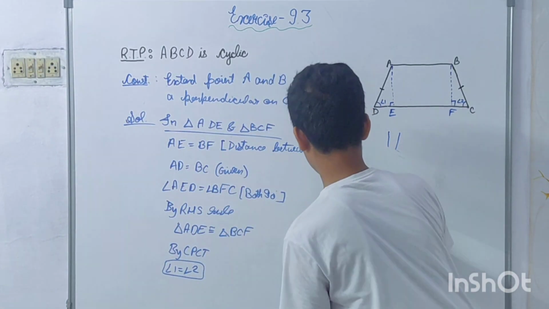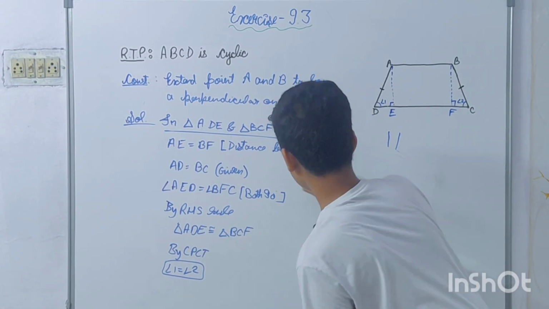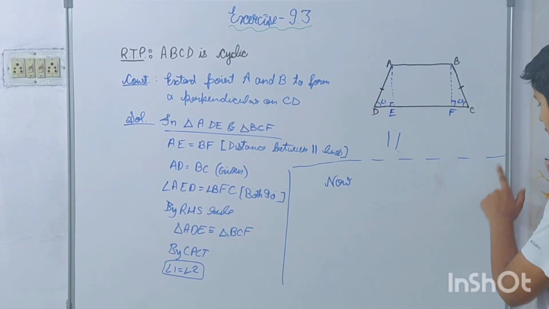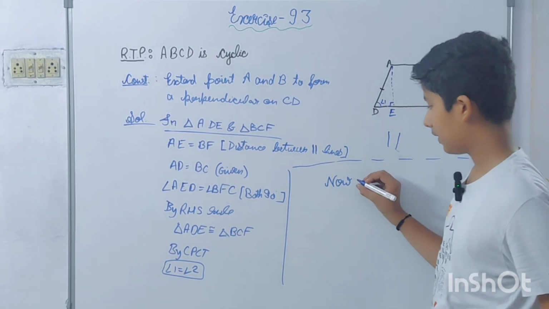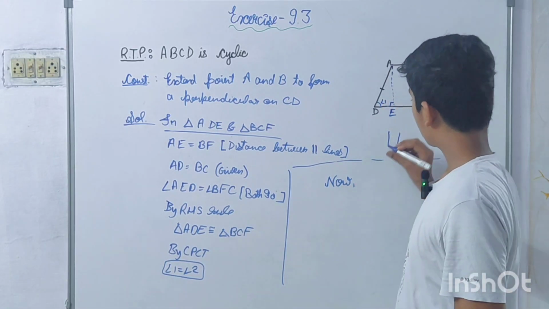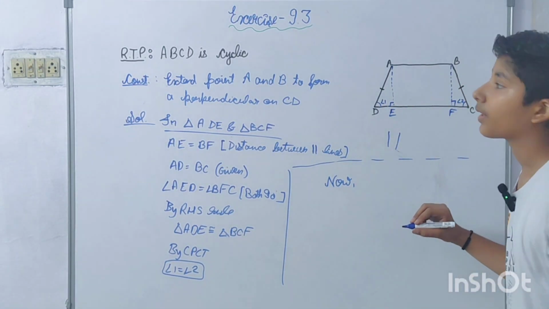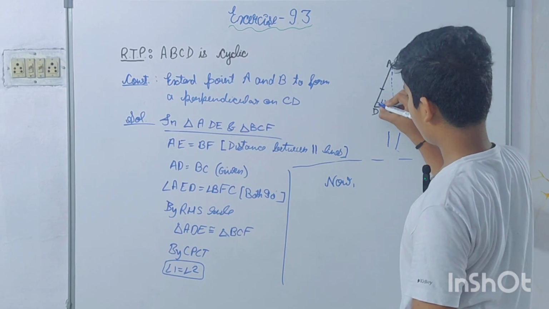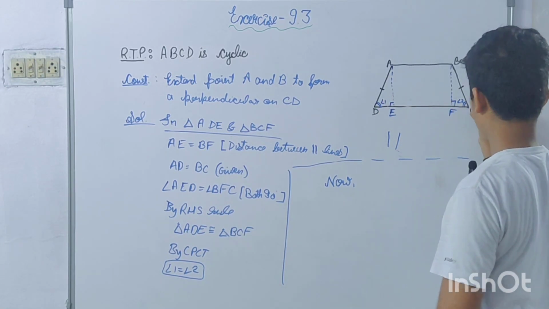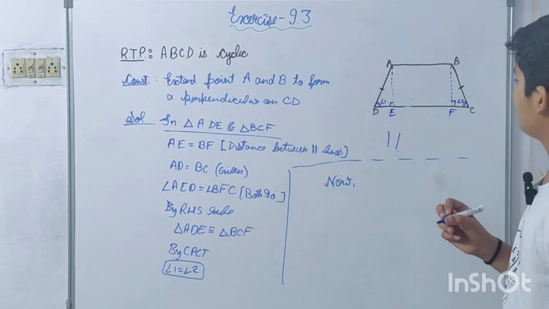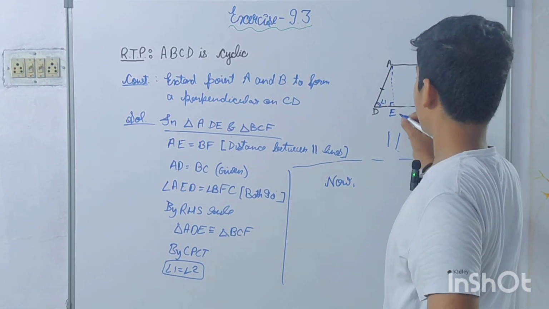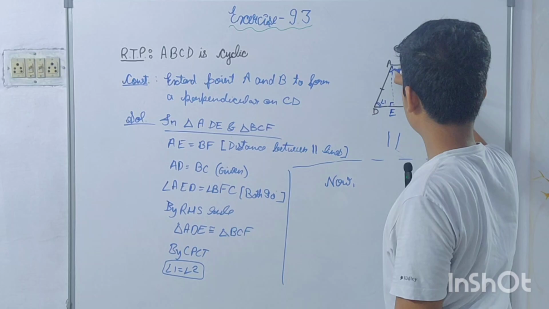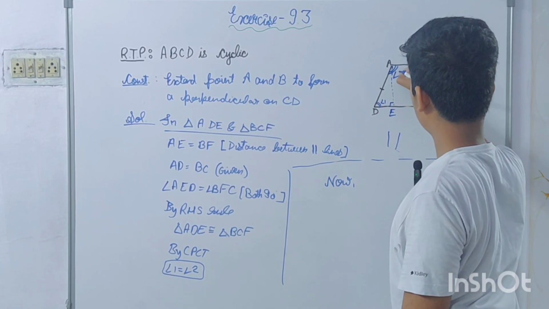Now, next step we will write over here. First of all, these two angles are equal to each other. We have proved them. Now let this be angle 3.